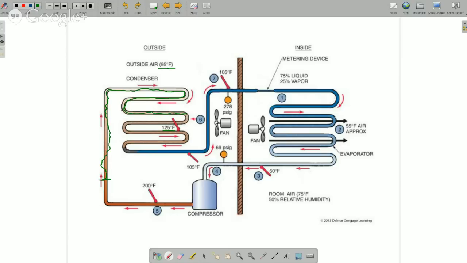So at the point halfway through our condenser, it's now 50% vapor, 50% liquid, and it continues on through the system. No matter what point while it's changing state that you put the thermometer, it's all going to be 125 degrees, because remember, when it's changing state, it doesn't change the temperature, but it is getting rid of the heat.